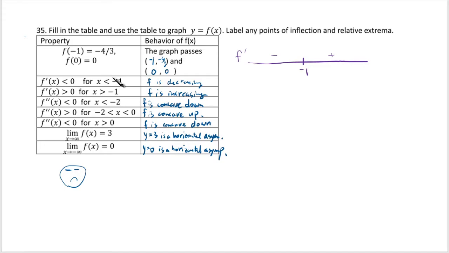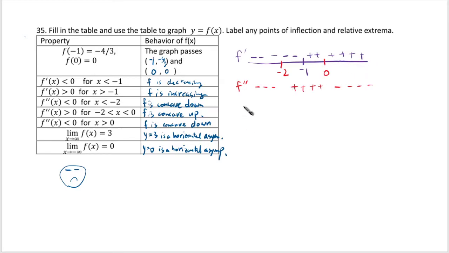On the other hand, f double prime changes its sign at -2 and also 0, and f double prime is negative before, then positive, and then negative after. Just so that we don't get confused, let's put negatives for everything here, and then plus everything here.